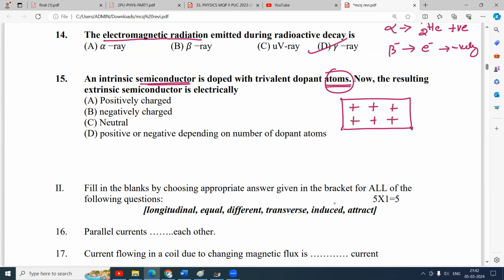We indicate it like this. That doesn't mean that it is positively charged. It is electrically neutral because we add a boron atom, which is already electrically neutral. So it has nothing to do with charge. Even p-type semiconductor, n-type semiconductor, intrinsic semiconductor, everything is electrically neutral. So there is no charge for it.